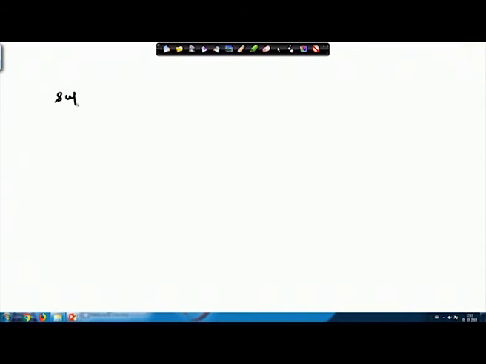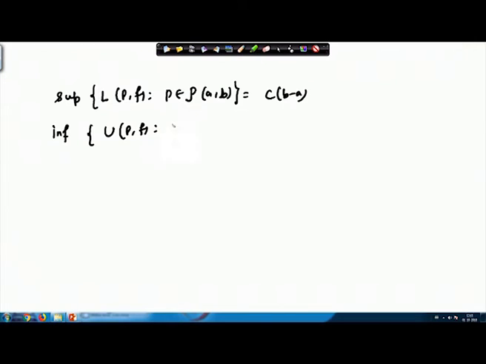So, like we were talking about the supremum of LPF and infimum of UPF, if we take these two sets, what I am trying to say is the supremum of all such LPF such that P is in curly P of a b will be c times b minus a, and the infimum of all such UPF such that P is in curly P of a comma b is again c times b minus a.